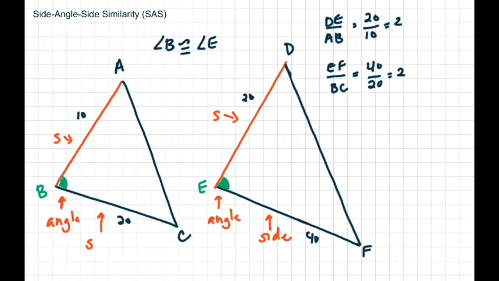So I know that AB is proportional to DE. Here's my angle, those are congruent. BC is proportional to EF. So side, angle, side.